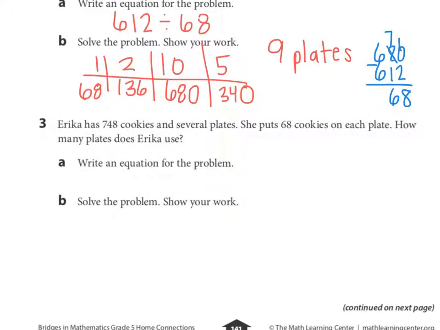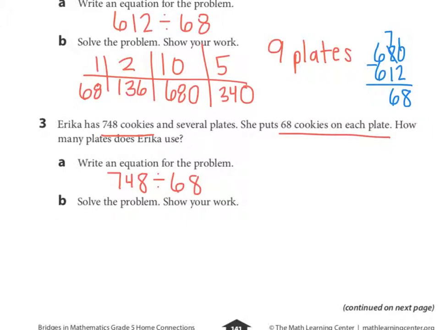Number 3 says Erica has 748 cookies and several plates. She puts, guess what? 68 cookies on each plate. How many plates does Erica use? So let's look back here at the problem. 748 cookies, 68 cookies on a plate. Write an equation. The equation would be 748 divided by 68.